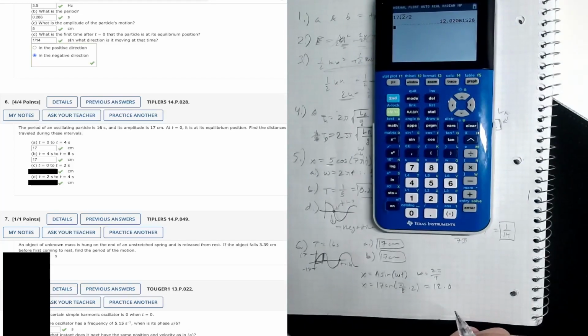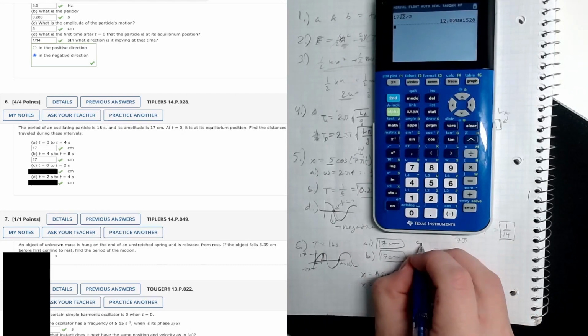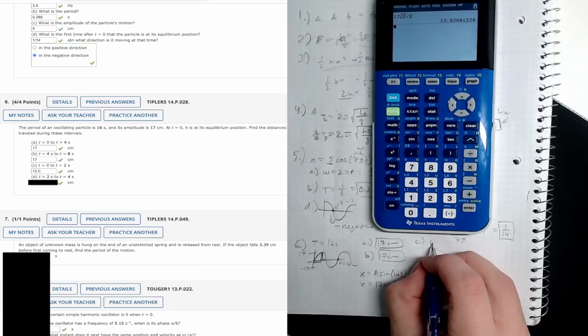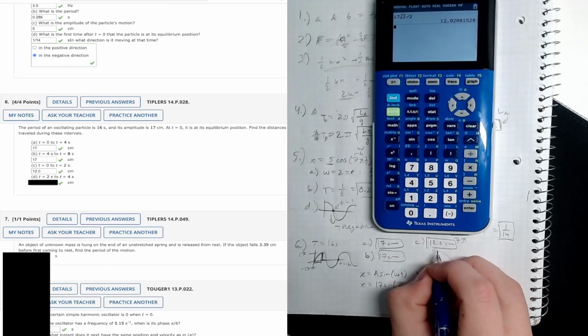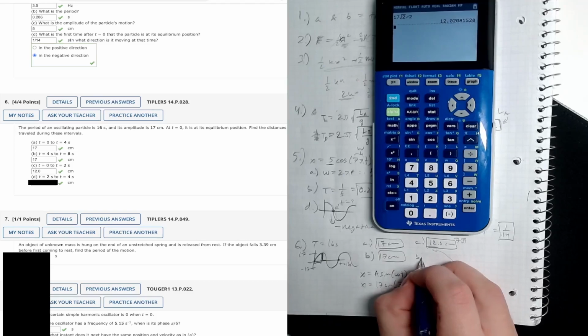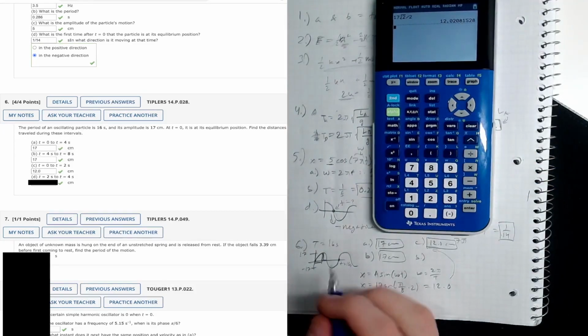That makes sense. Let's do this out to find x. That's going to be the position. That is the answer to part C: 12.0 centimeters.